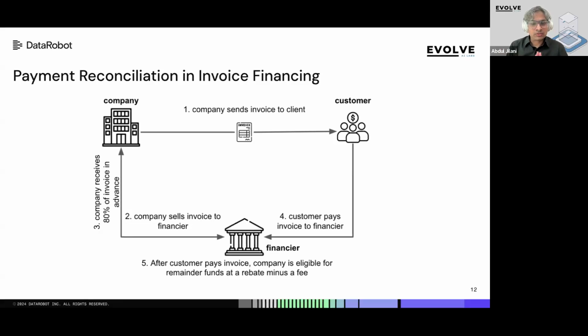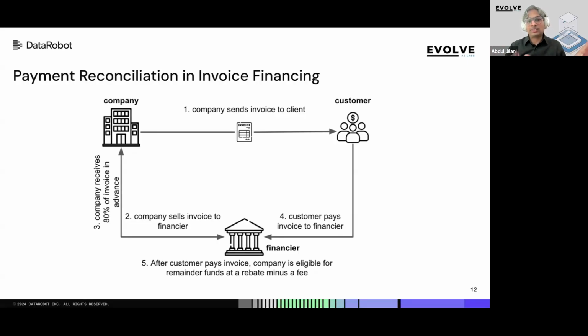So what is the advantage for the customer, an organization like DataRobot? It simplifies their process. Instead of having to individually allocate funds to each and every company, to different accounts through different payment gateways, they can simplify their process by making one single payment of, let's say, $1 million to the financier, and the financier will take care of all the headache of allocation.